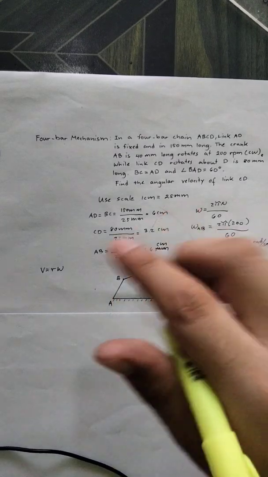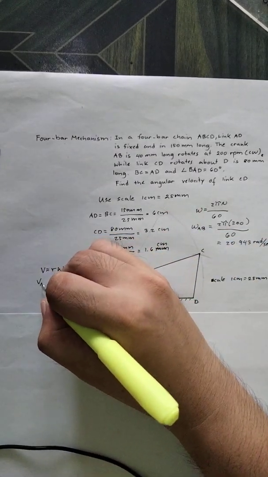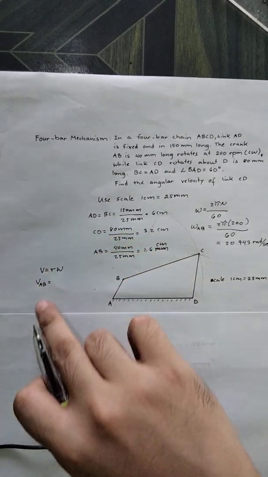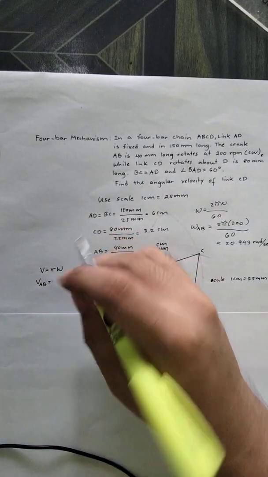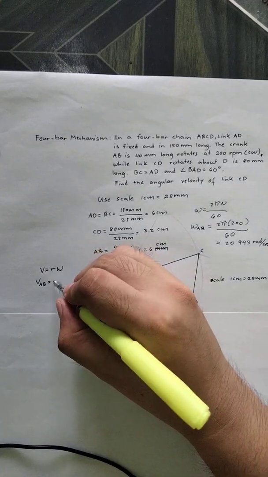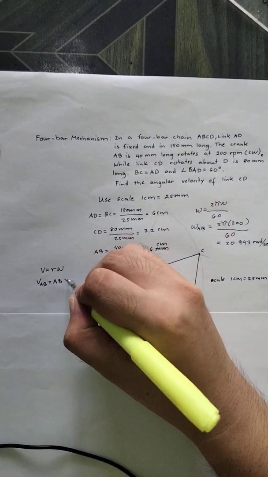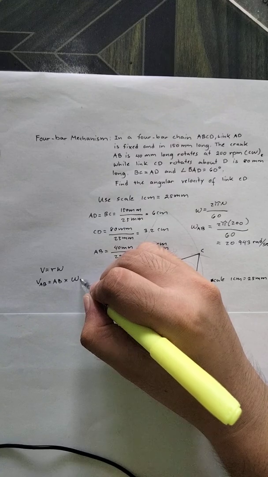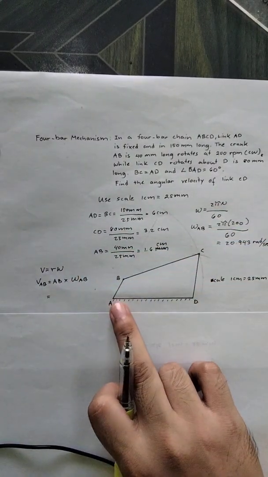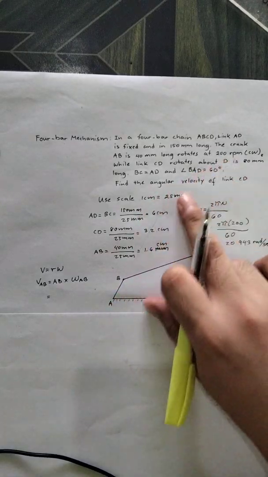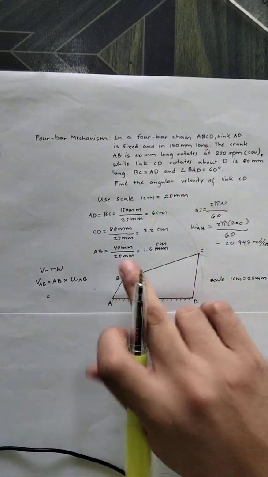To calculate that, we specify that this is the angular velocity of link AB. Then substitute its length, link AB, multiplied by the angular velocity of AB. The length of AB is 40.